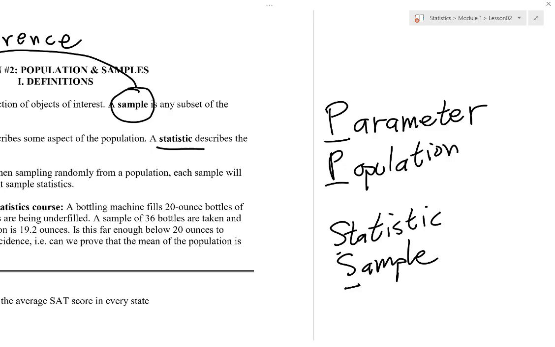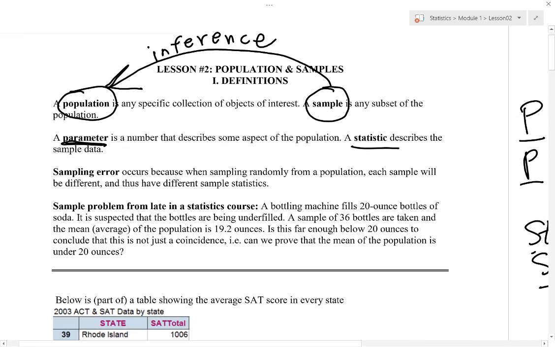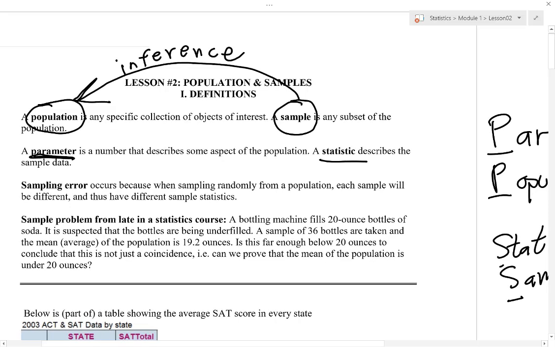If you take the average of an entire population, it's actually called a parameter. When you see, for example, in a football game, the halftime statistics, or let's say you have a quarterback that completed 60% of his passes in a game, is that a statistic or a parameter?